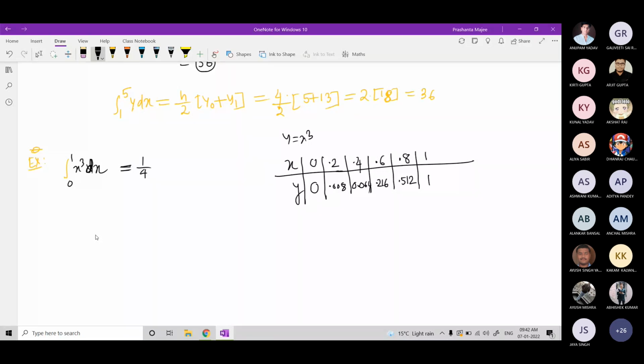So what will be the answer using this trapezoidal rule?